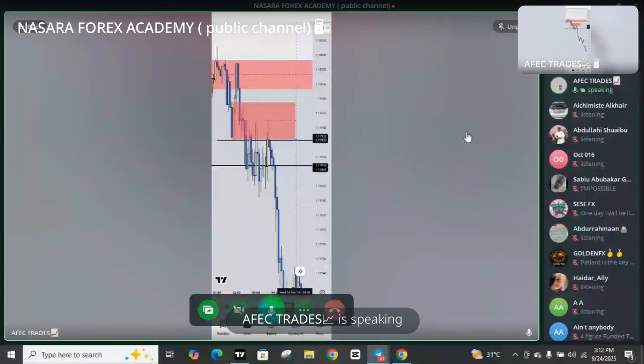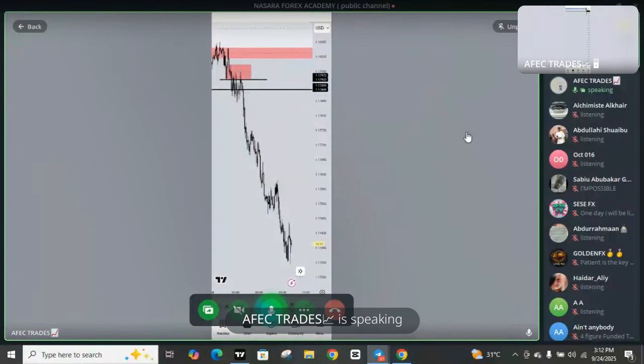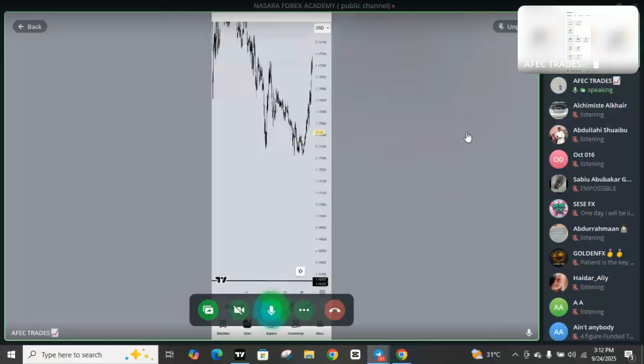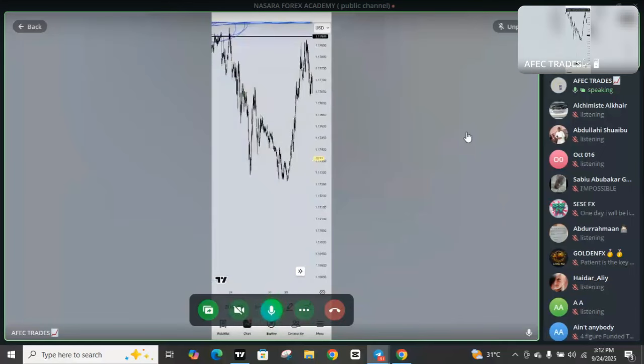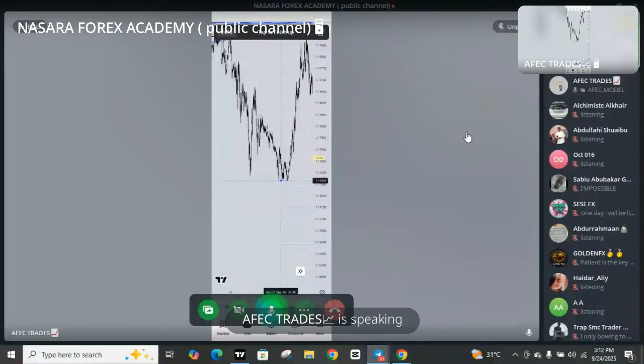I took the trade there, targeting this low as the easiest draw of liquidity, which is here, a relatively equal low actually.